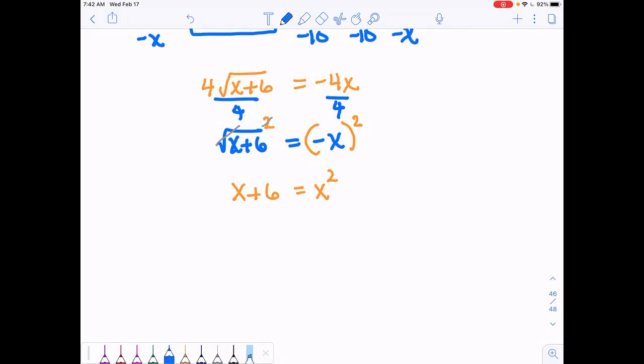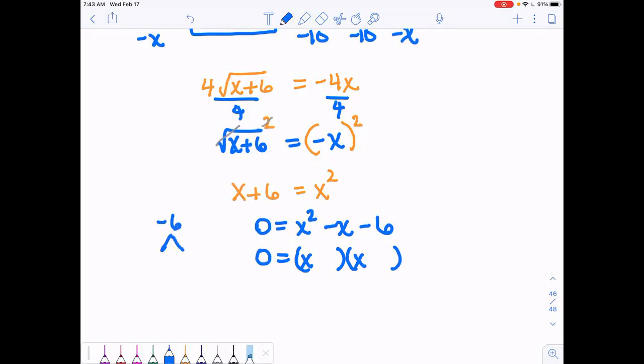At this point, we have to take everything to one side. So my x squared is on the right. I'm just going to move everything next to it because I like factoring with a positive x squared. And then we need two numbers that multiply to be 6, but add to be negative 1.